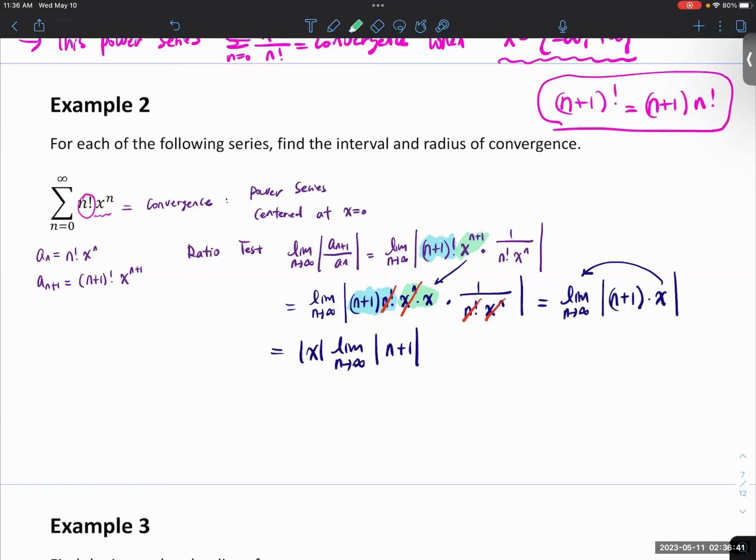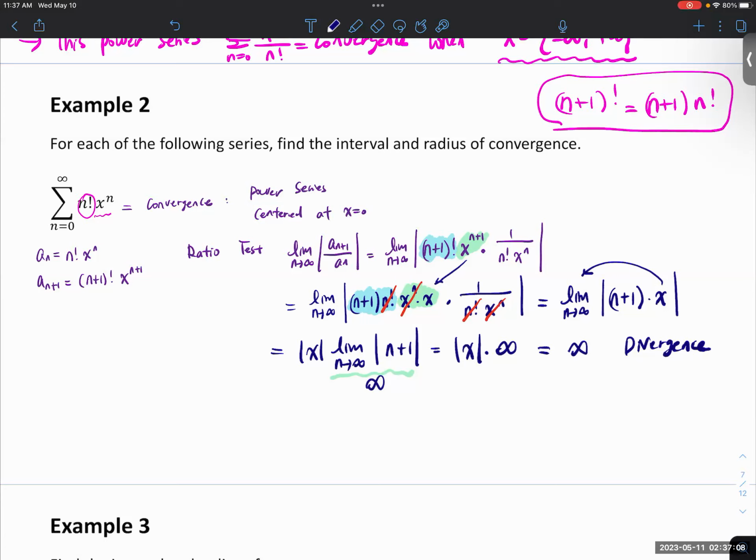We are trying to evaluate this limit. Infinity plus 1 is infinity. No matter what you multiply with infinity, it is infinity. So this p-value is actually divergent, greater than 1. So this is infinity. We are looking for the possible x.